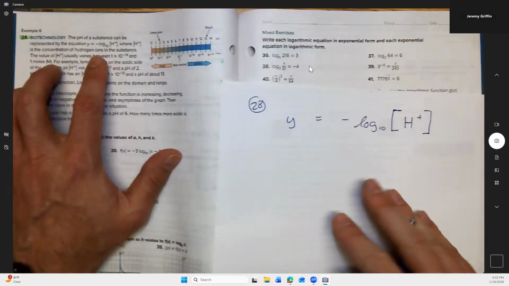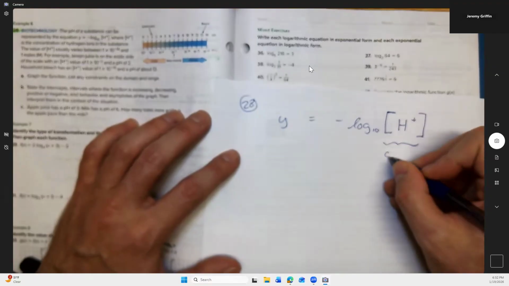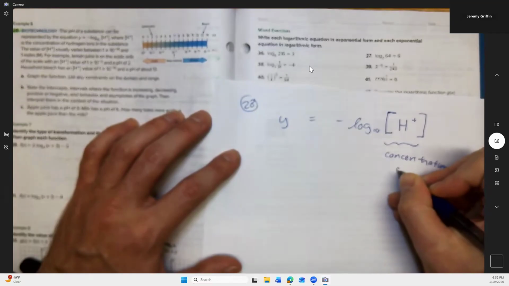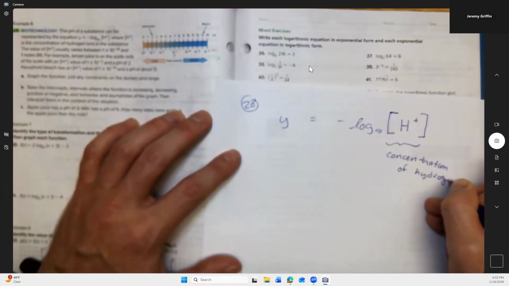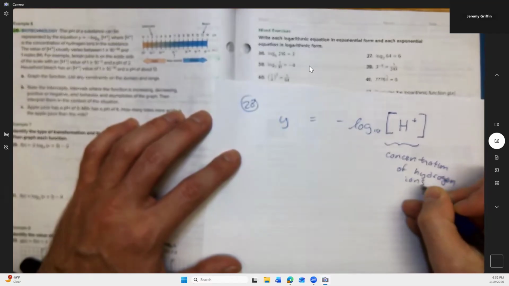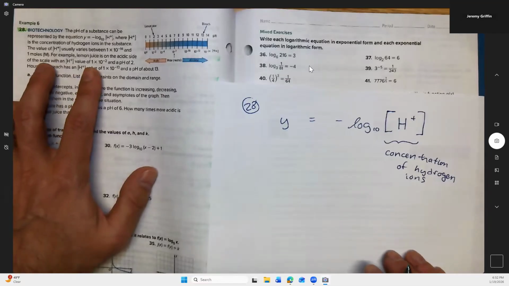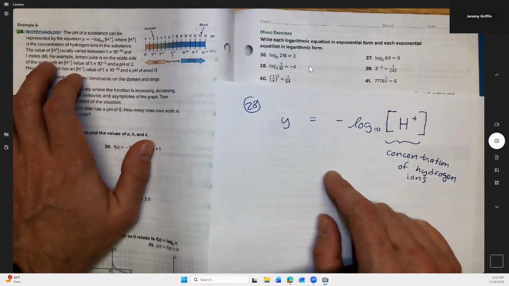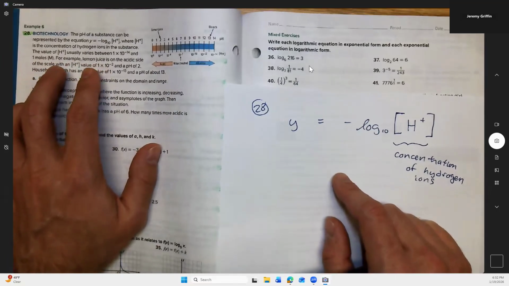Where H plus is the concentration of hydrogen ions, including brackets, which usually varies between 10 to the negative 14 and 1 mole, although it doesn't have to, right? But typically it's there.